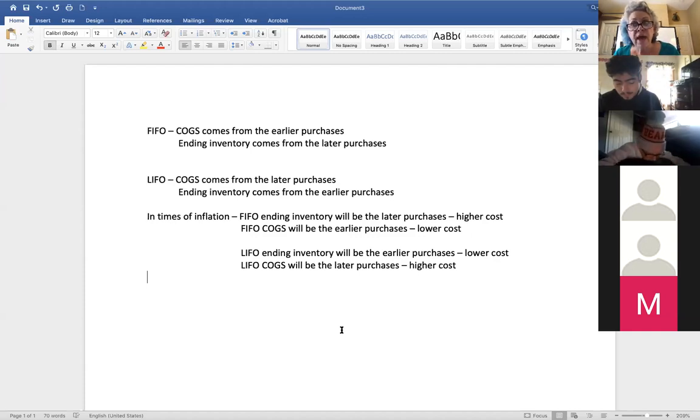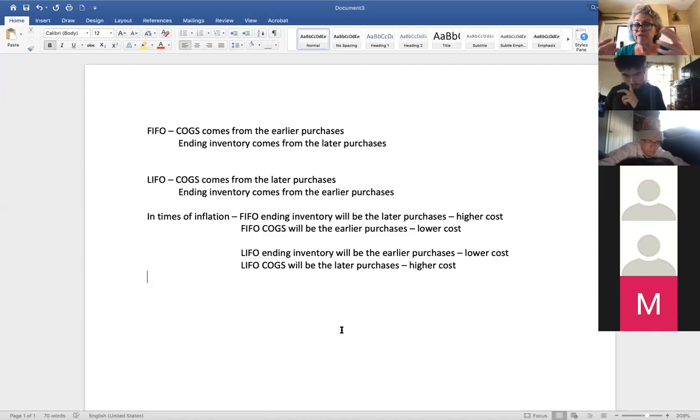So because of that, companies know that if they choose LIFO, yes, their gross profit will be lower. Yes, their operating income will be lower, but they know that the users of the financial statements can calculate what gross profit would be if the company used FIFO and what cost of goods sold would be if they used FIFO.